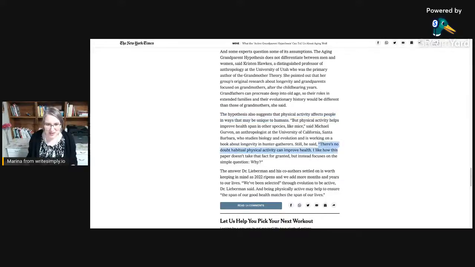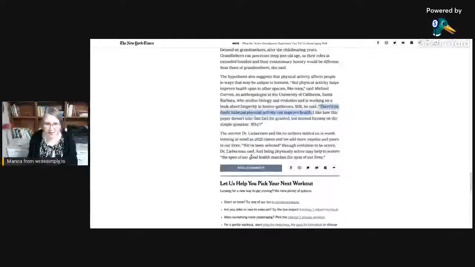Still, there's no doubt habitual physical activity can improve health. So that's not earth-shattering. We know that. But they're arguing that not just for health, but why? And here we go. Being physically active may help ensure the span of good health matches the span of our lives.